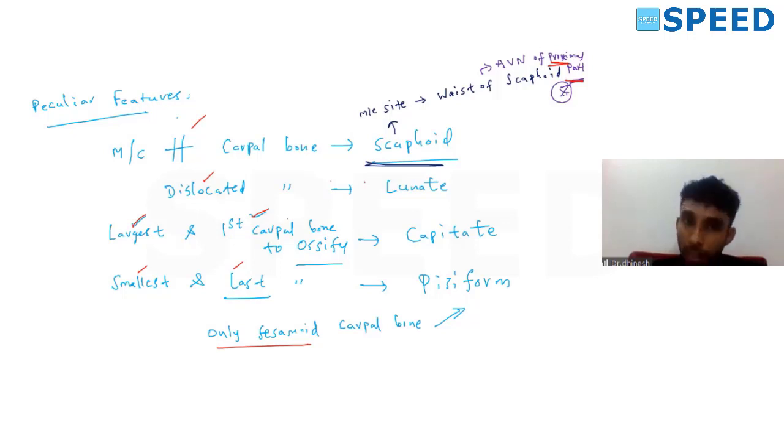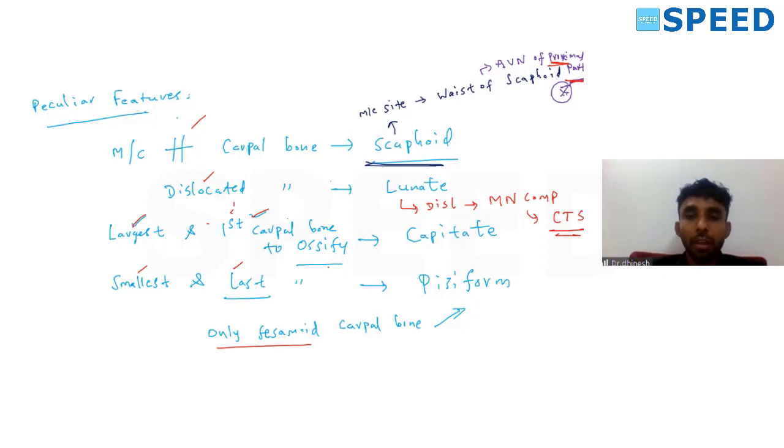Yes, exactly. The lunate dislocation may cause compression of median nerve within the carpal tunnel, leading to what? Exactly. Carpal tunnel syndrome.